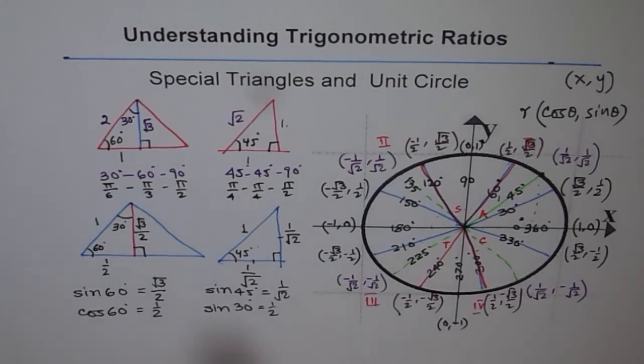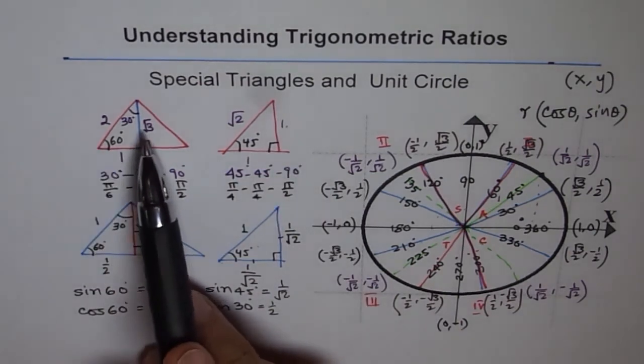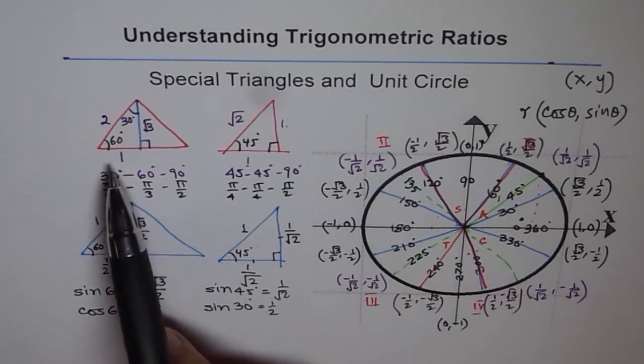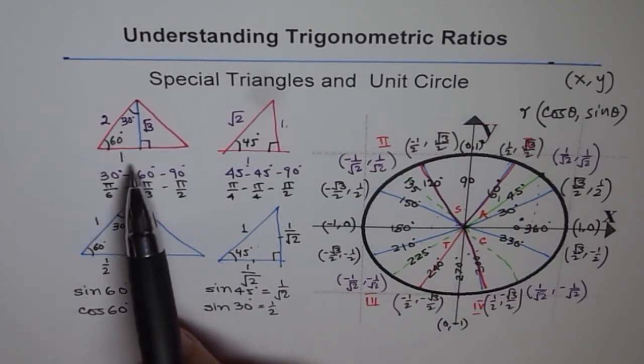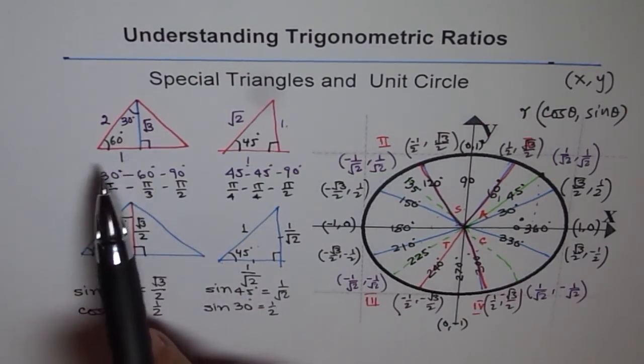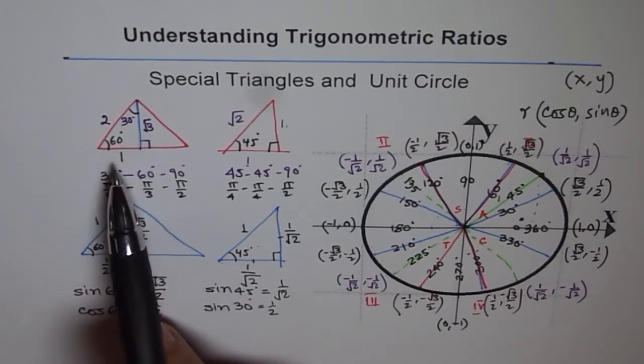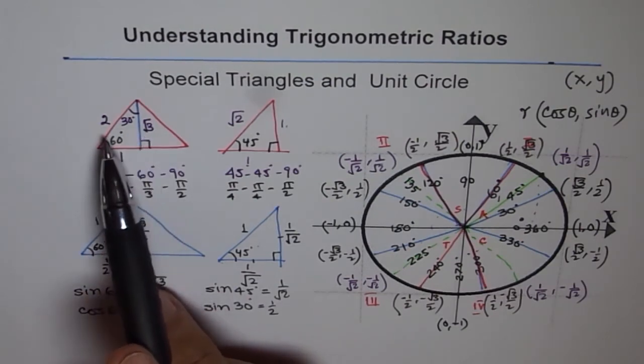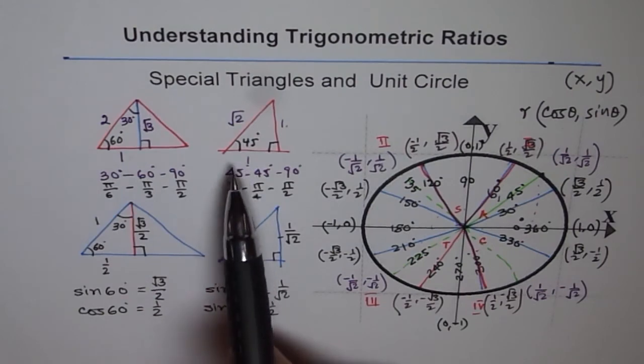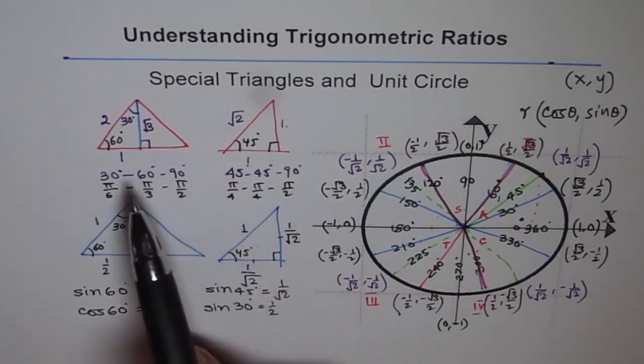And the beauty is, actually, they are the same things. But when you're talking about special triangles, we are trying to avoid fractions while writing values here. And that is the reason why we have a 30, 60, 90 triangle with these sides as 1, square root 3 and 2. And for 45 degrees, we have 1, 1, square root 2.